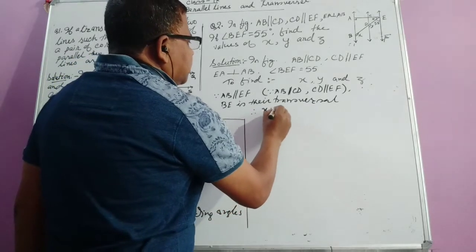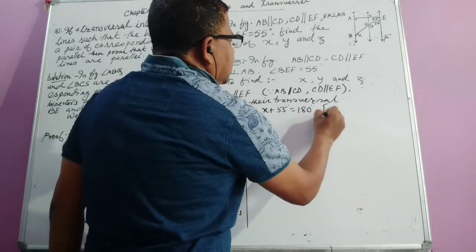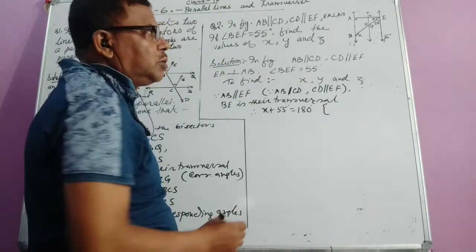Therefore, X plus 55 degrees is equal to 180 degrees. These are interior angles along the same side of the transversal.